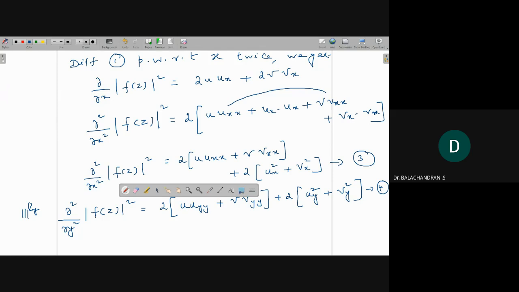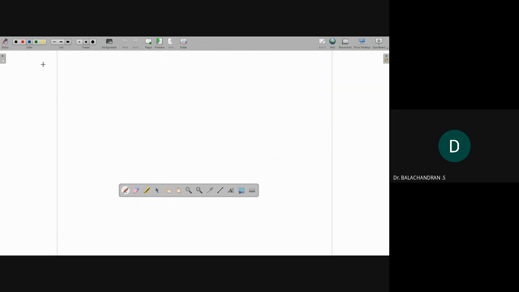Adding 3 and 4, the left hand side is del square by del x square plus del square by del y square of mod f of z whole square.